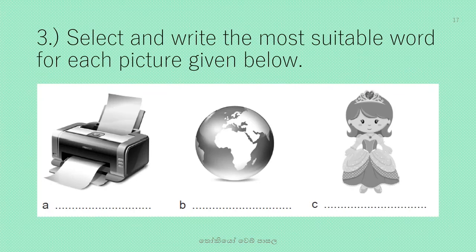Okay, so this will be the last activity for today. This is actually the third part, a continuation of the activity we have been doing till now. Here you are given these pictures, and you are asked to select and write the most suitable word for each picture given below.